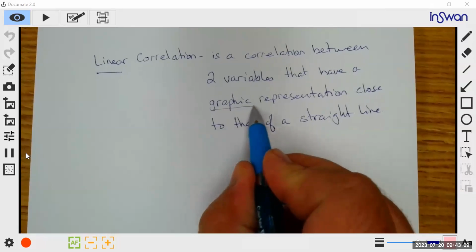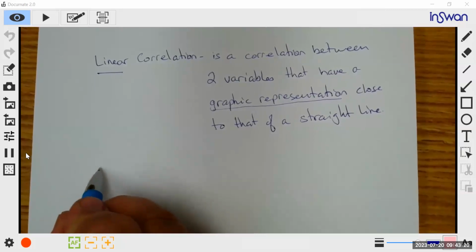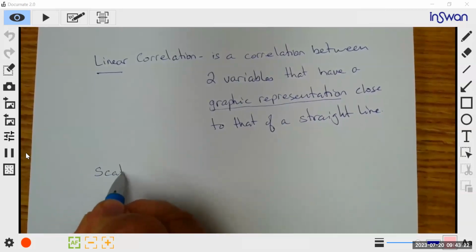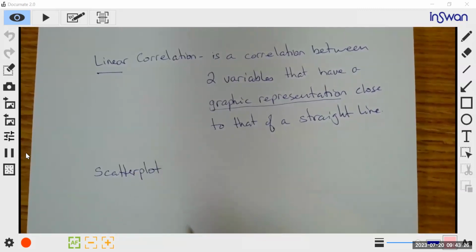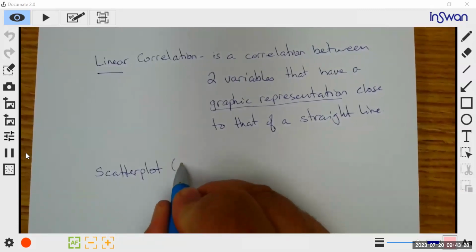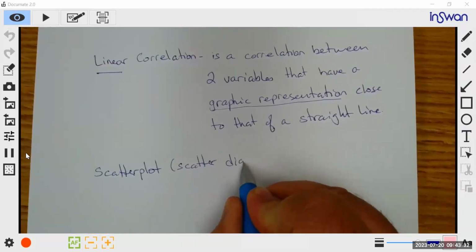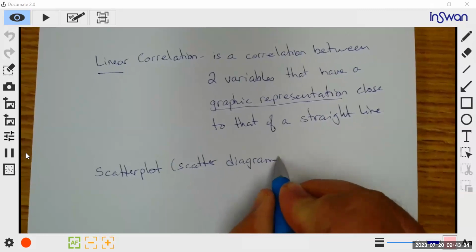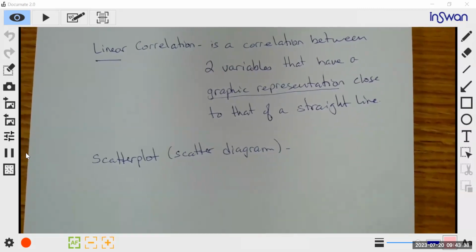Now, when I say the graphic representation, what graph do we use? What kind of graph? What's the name of it? We use a scatter plot, or it's also called a scatter diagram. Why do we use that?